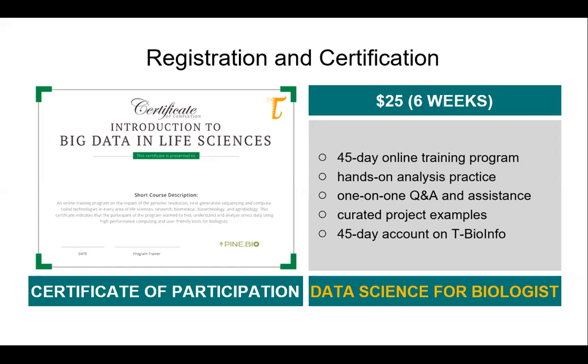You have a certificate of participation, which is available to everyone that meets the minimum requirements for getting it. And of course, there will be a certificate of excellence equally for those who reach the 10,000 point milestone.